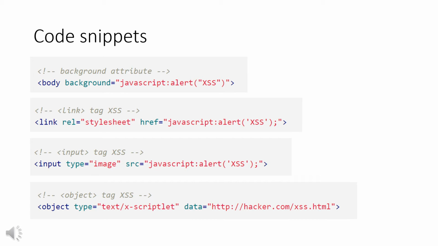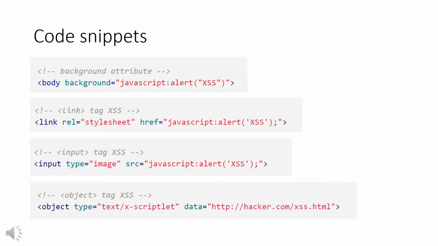So let us now look at some of the code snippets that can be used to carry out cross-site scripting attacks. Since we discussed that JavaScript is the most popular way to inject these scripts, we're going to look at some examples of the similar nature. The first example is abusing the background attribute in the body tag.